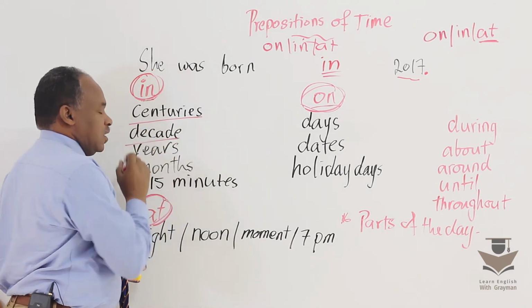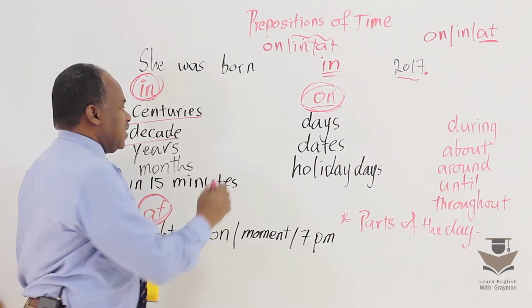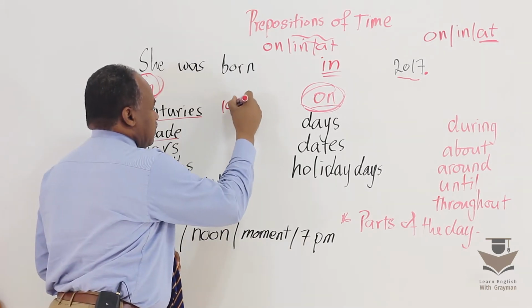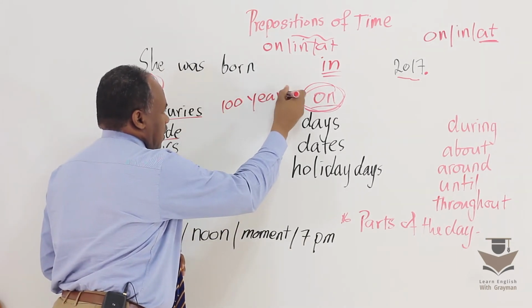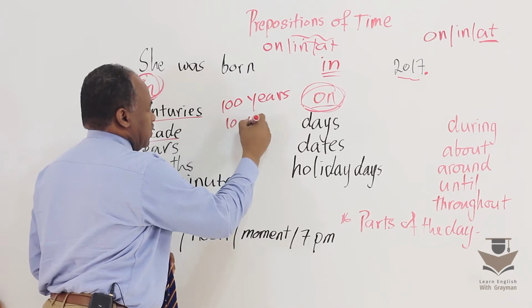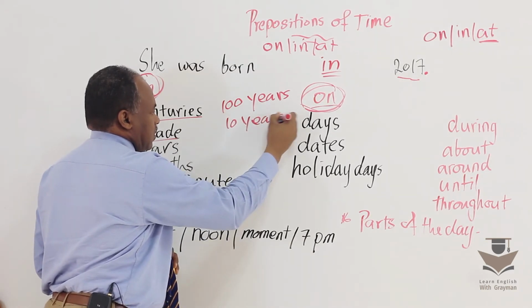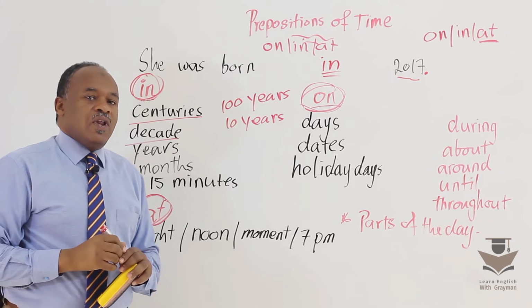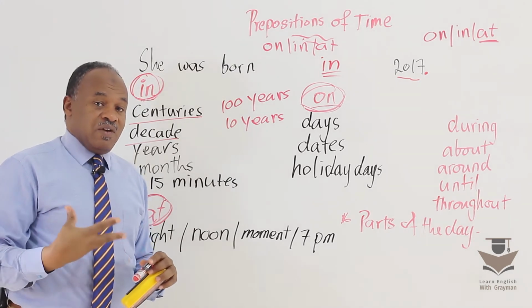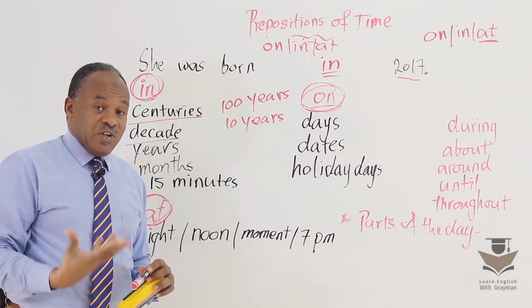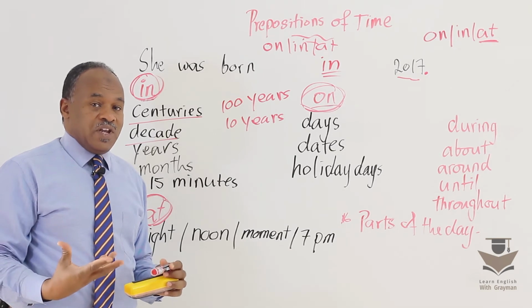What about decade? You know what a decade is? A decade is 10 years together. For example, the 60s, the 70s, the 80s, that's called decades.